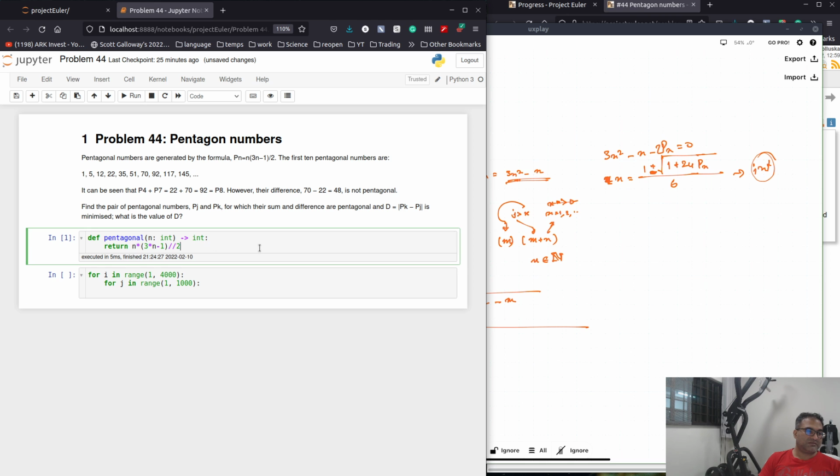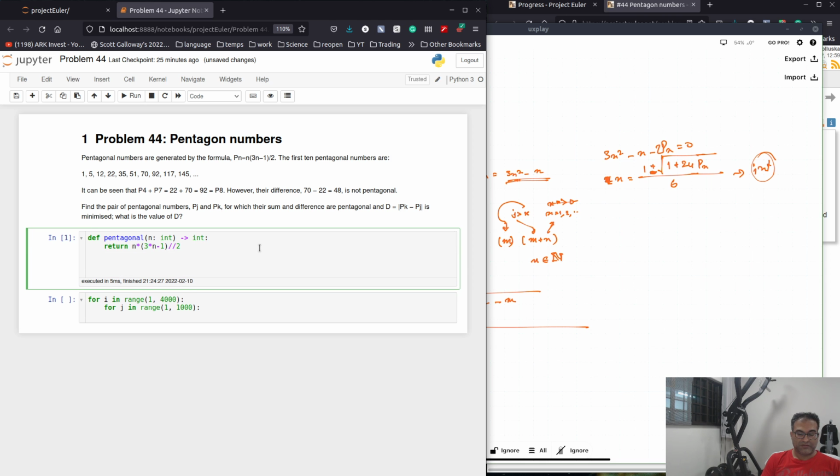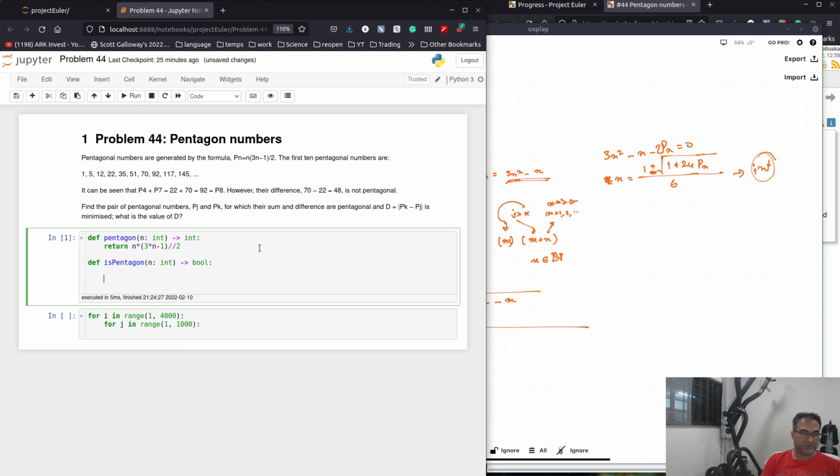And is_pentagon. It will take n as an integer and it's going to return a bool, which will return true if the number is a pentagonal number, otherwise it will return that it is not a pentagonal number.